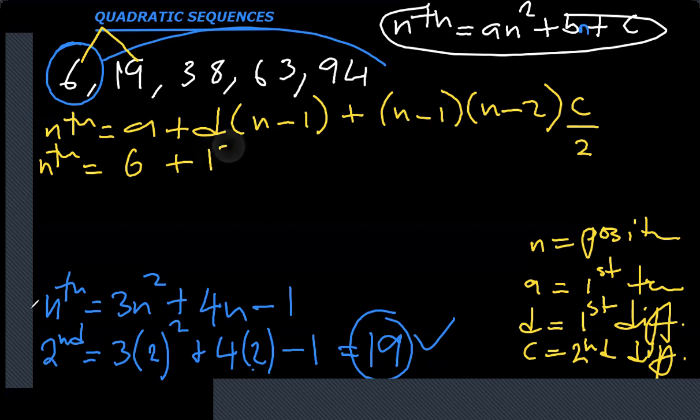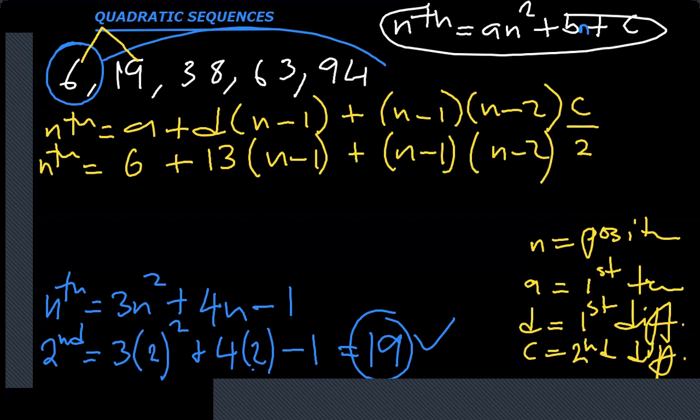So you put 13 there, into brackets n minus 1, then plus into brackets n minus 1 and into brackets n minus 2, and then C is the second difference. Remember, our second difference was 6.